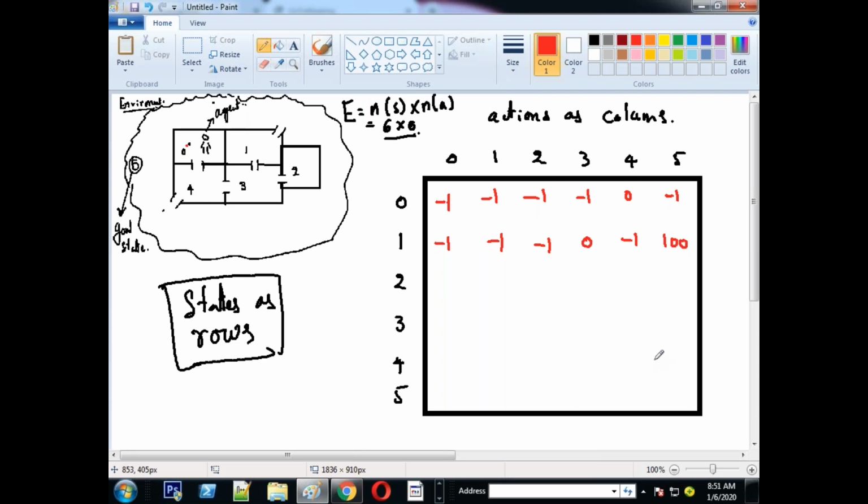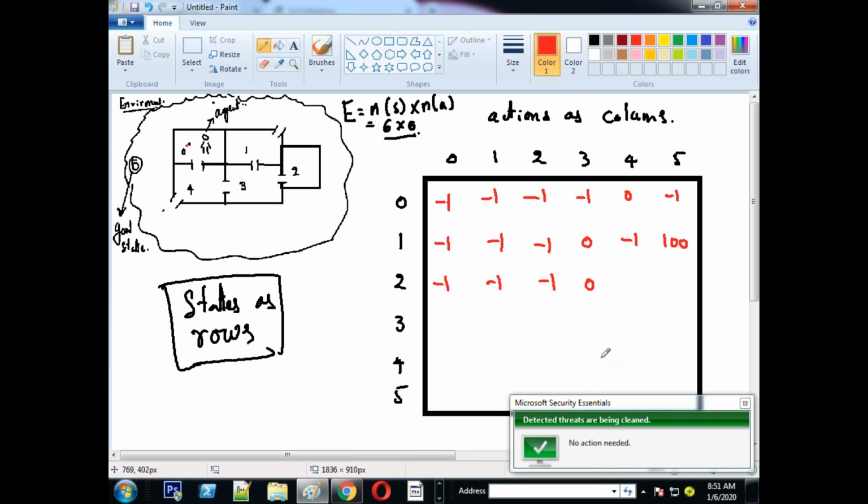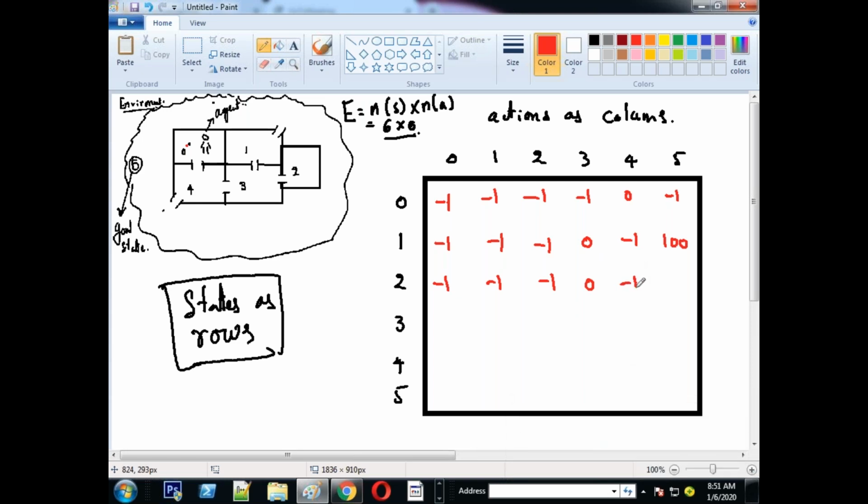Number 2, please. 2 to 0, minus 1. 2 to 1. 2 to 2. 2 to 3. 2 to 4. 2 to 5. Minus 1.